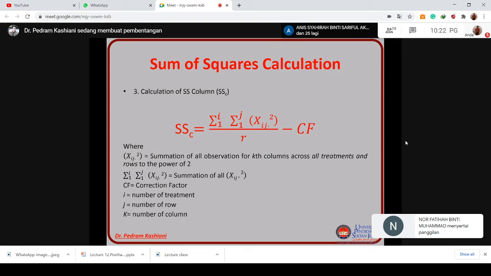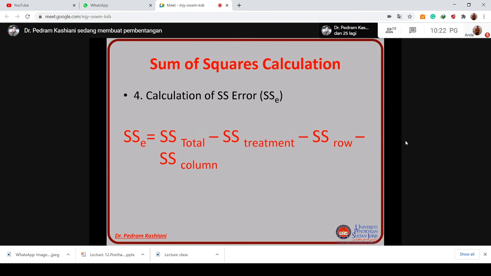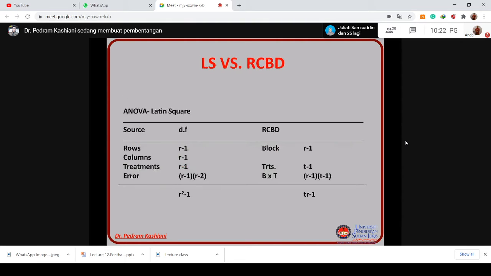Then I total all of these powers of 2 divided by R, minus CF, and my error is SS total minus SS treatment minus SS row and minus SS column. This is what I did for the comparison that you can see here. Okay, this is the error.